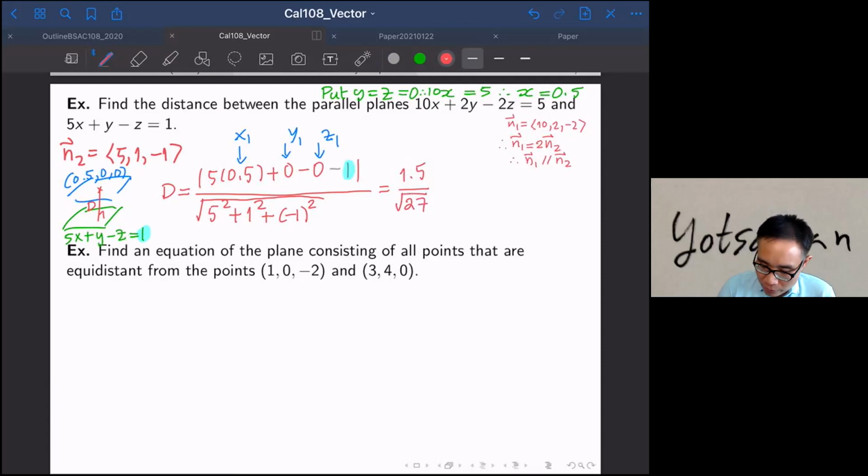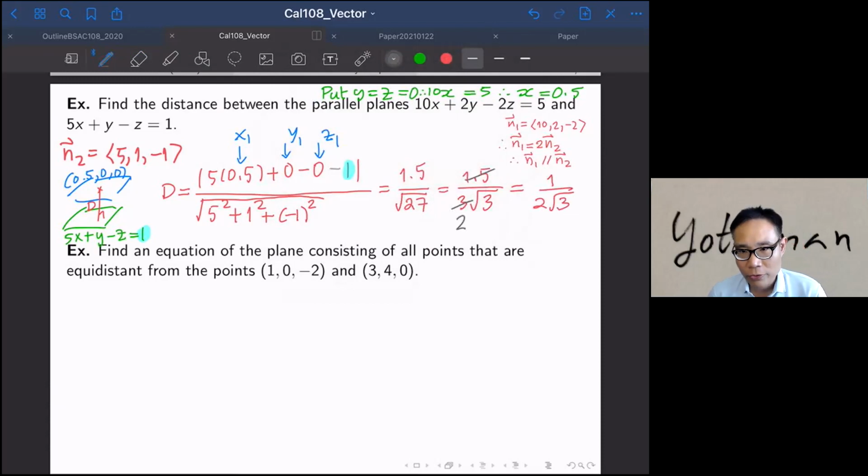So it's going to be 1.5 over 3 root 3. This one will give you 1 over 2 root 3, because you can get rid of the 1.5 and 3, which leaves 2. So it's going to be 1 over 2 root 3. Okay, so that will be the distance that you're looking for.